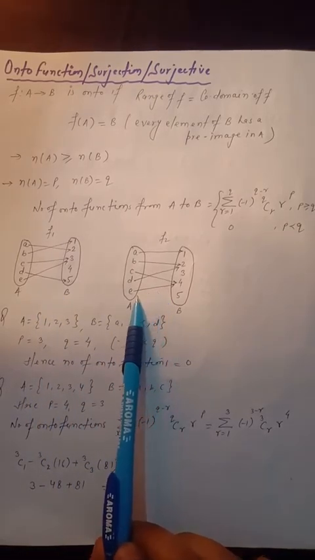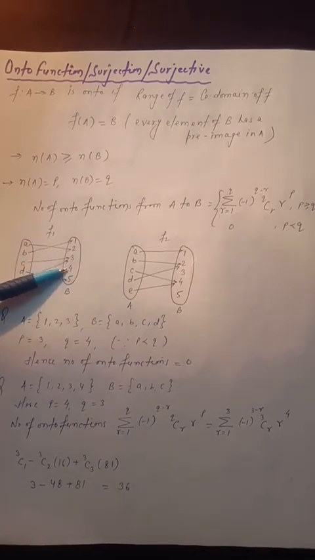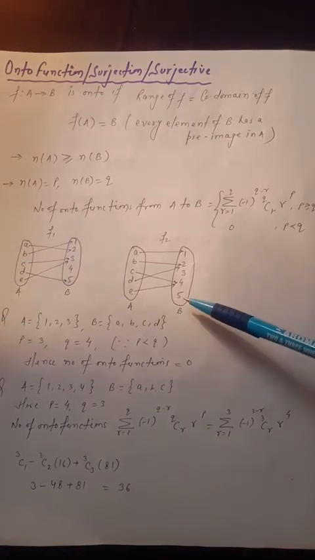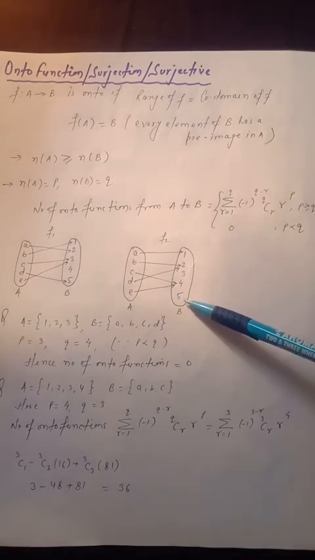Now you can see here there are two functions f1 and f2. You can observe in function f1, this element is left, so this is not an onto function. And in this case also this element is left, so this element has no pre-image in set A, therefore it is not an onto function.